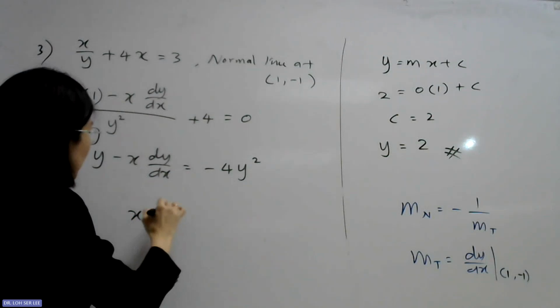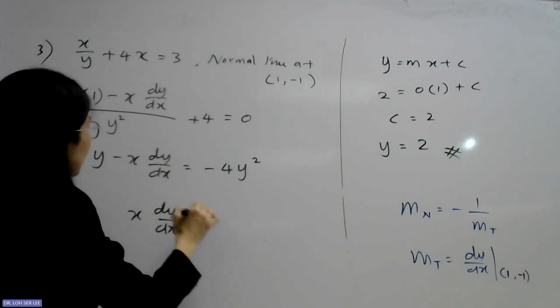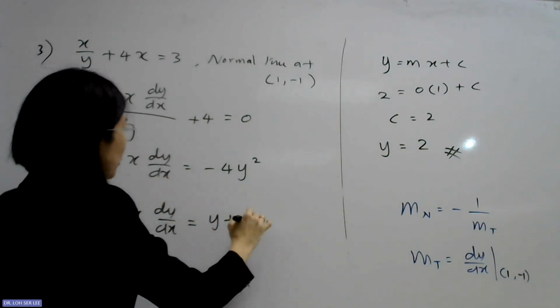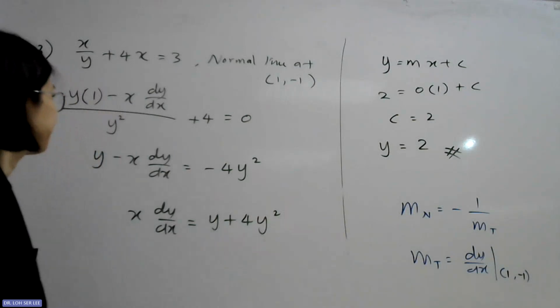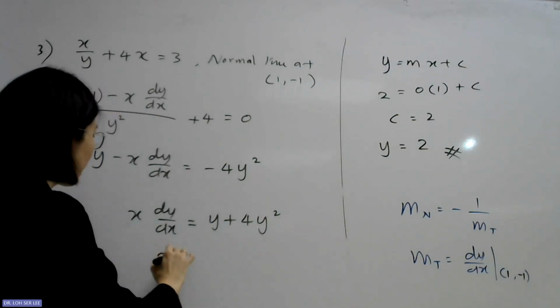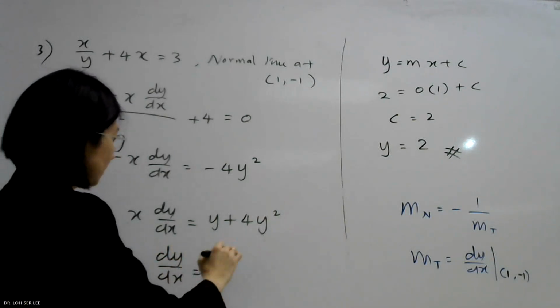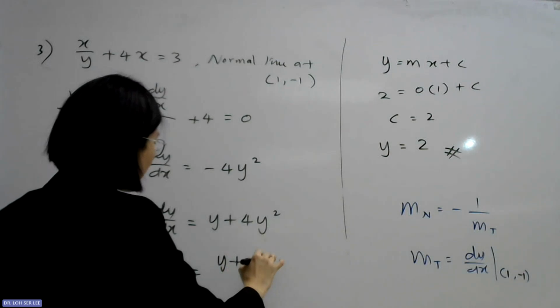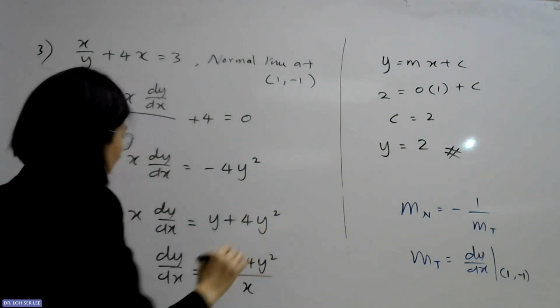So x dy/dx will be y plus 4y squared. Then you can get your dy/dx: y plus 4y squared over x.